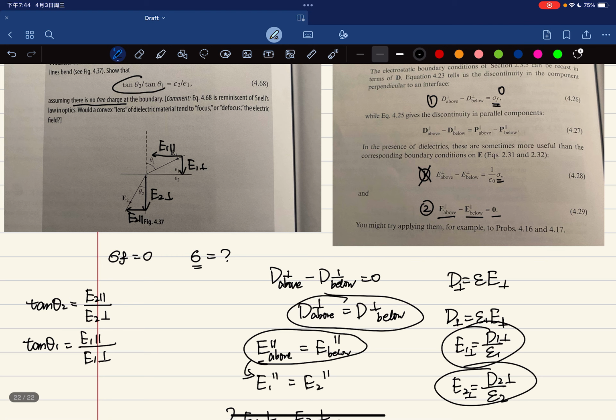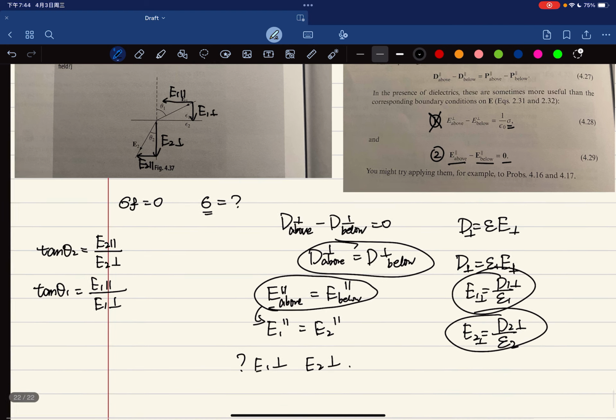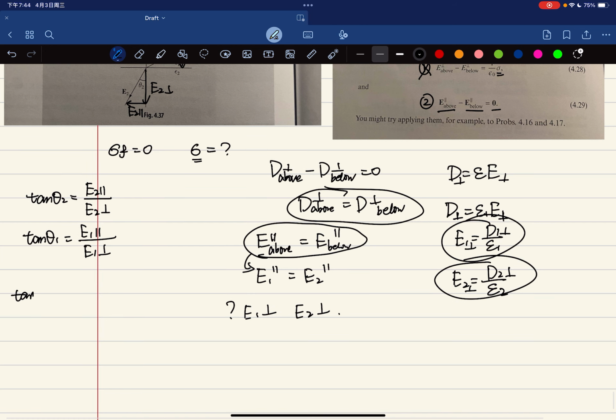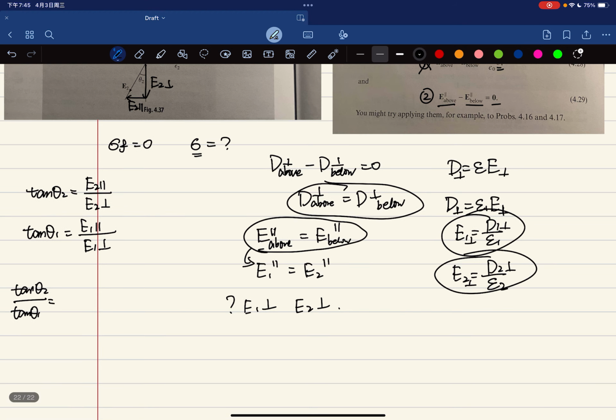Let's write it in the form that the question wants us to. Tangent theta 2 divided by tangent theta 1 is equal to, so I'm just copying things, and I changed the sequence because we're dividing.